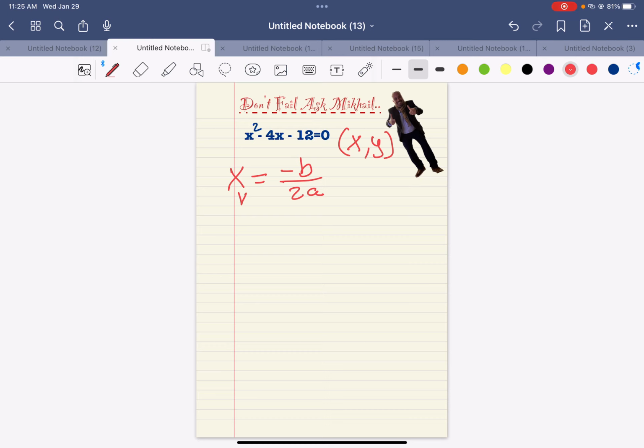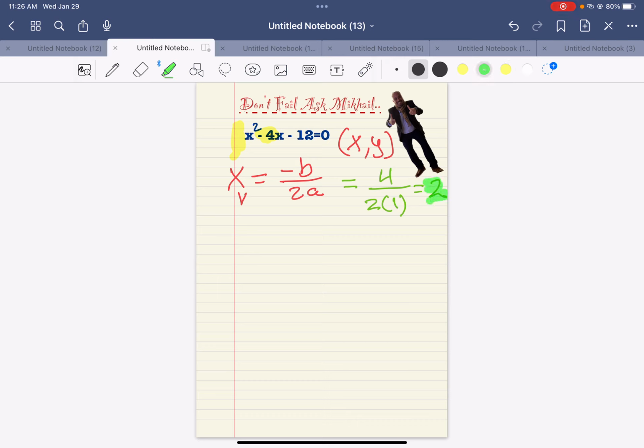So to calculate it here, negative b means the opposite of b, so 4, over 2 times 1, which is a. That gives you 2. So now the x value equals 2.